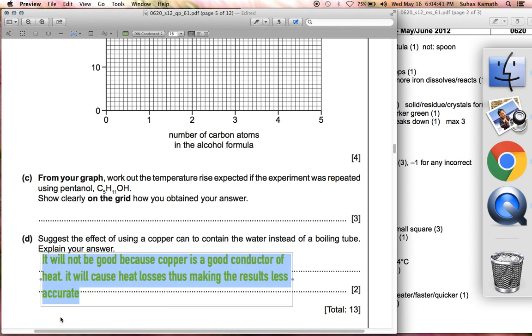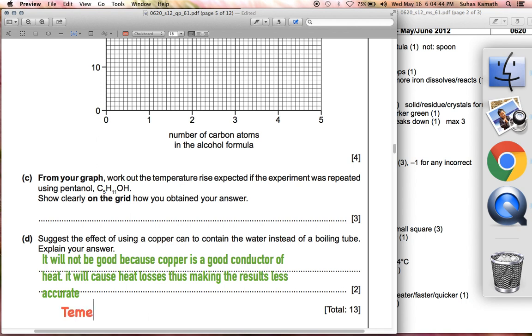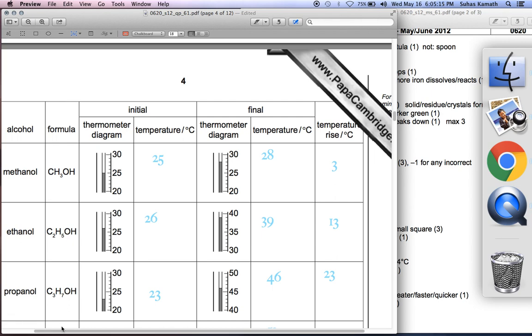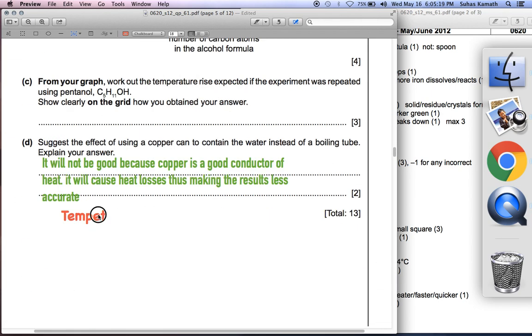So temperature, temperature rises more quickly.